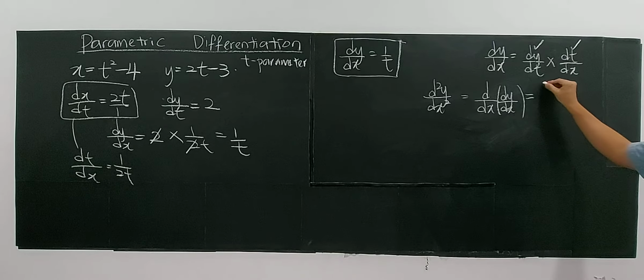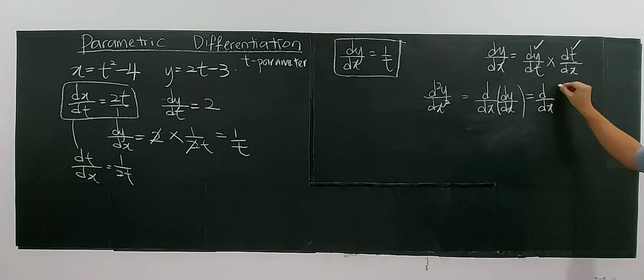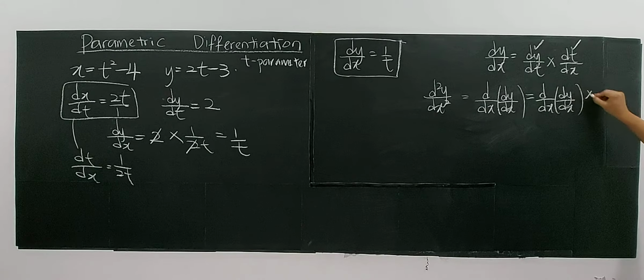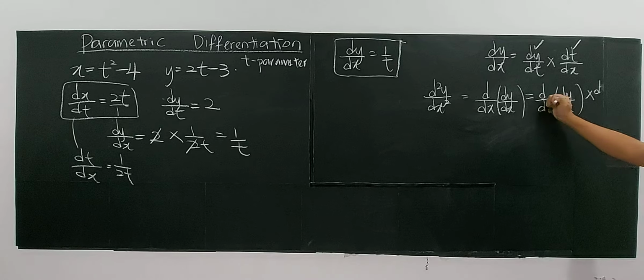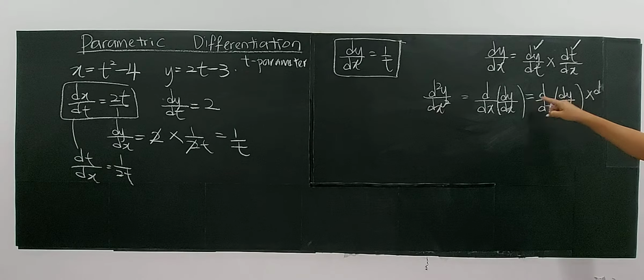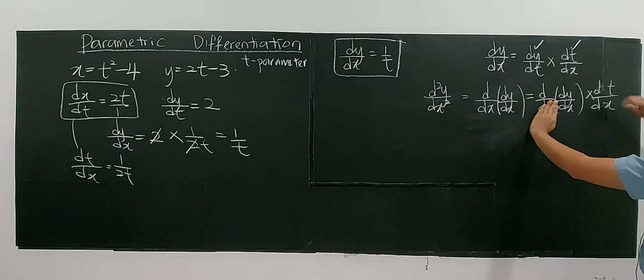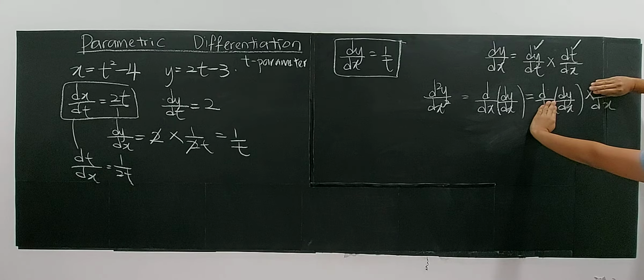The dy/dx becomes my new y. Apply the chain rule again: d/dx is d/dt multiplied with dt/dx. As you see, if I cancel the dt, you will find out that this will be d/dx.